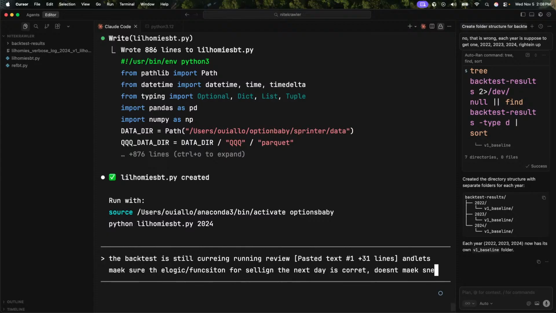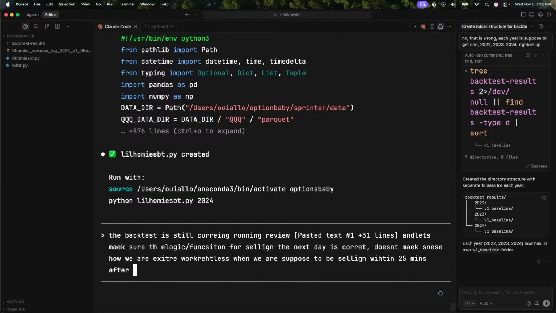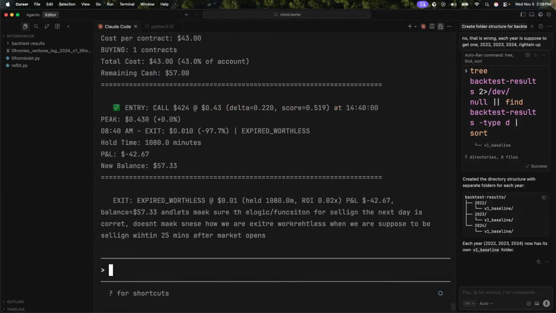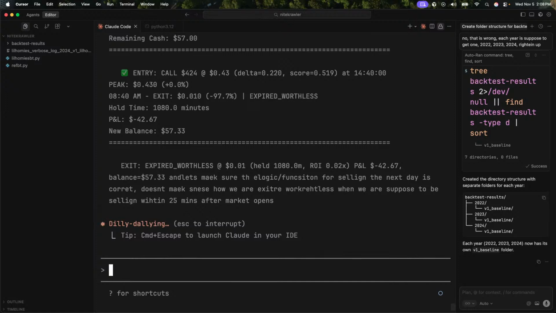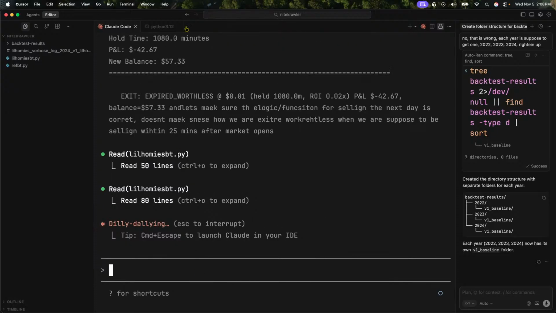Doesn't make sense how we are expiring worthless when we are supposed to be selling within 25 minutes after market opens. I'm going to get caught on the job now, because this doesn't make no sense. I just bought the option. You got 25 minutes to oh, I see it right there.